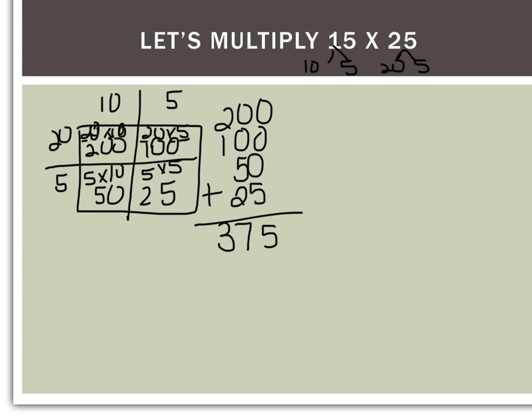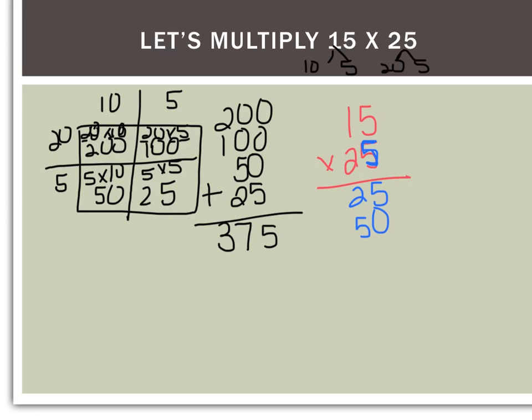If I use partial products without the model to multiply 15 times 25, I start out by multiplying my 5 ones times my 5 ones for 25, and then my 5 ones times my 10 for 50.